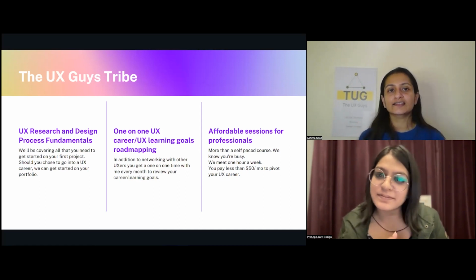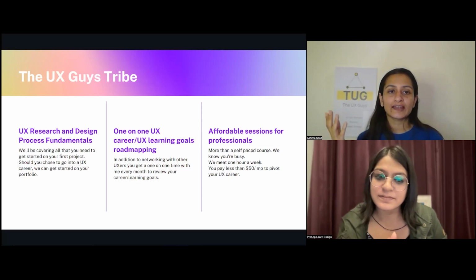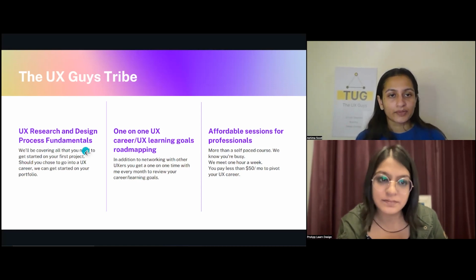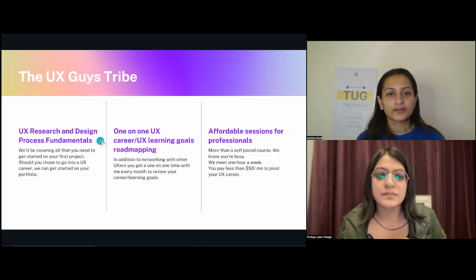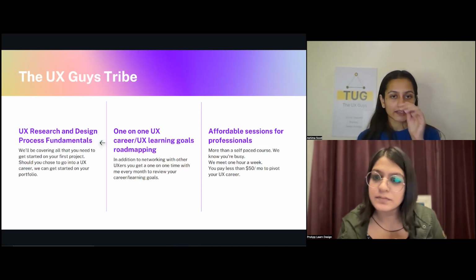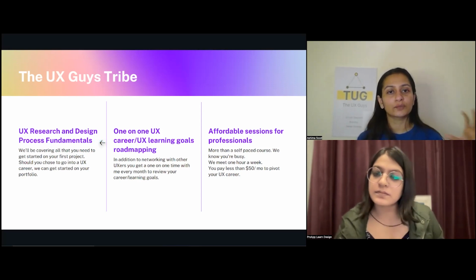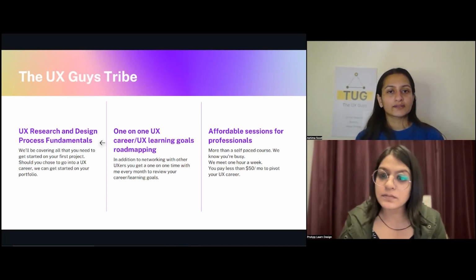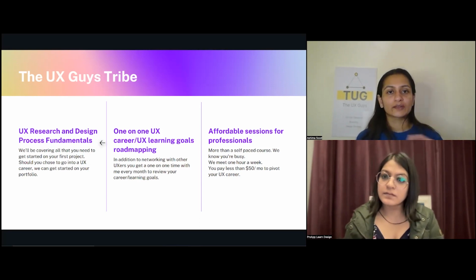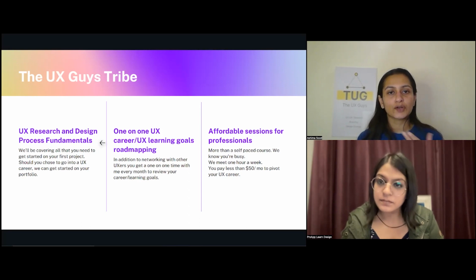And this is essentially what you guys can expect: we're talking about fundamentals. We talk about both research and design processes. And I tend to bring in a lot of my expertise from what I've experienced at work. I've worked at T-Mobile, I've worked for companies like Biocon, Lenskart, Starbucks.